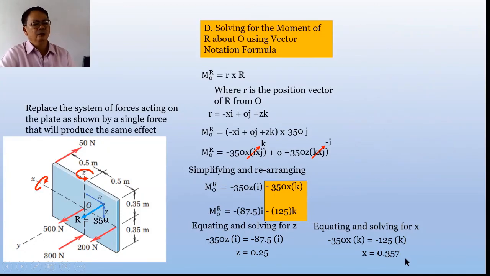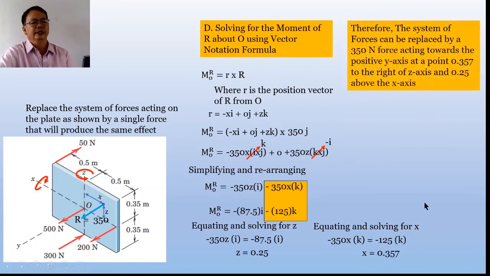So that we can have a generalization here that the system of forces acting now on this plane can be replaced by a single force whose magnitude is 350 Newton directed towards the positive y-axis and at a point 0.357 to the right of z and 0.25 above the x-axis in order for that resultant to produce the same effect.